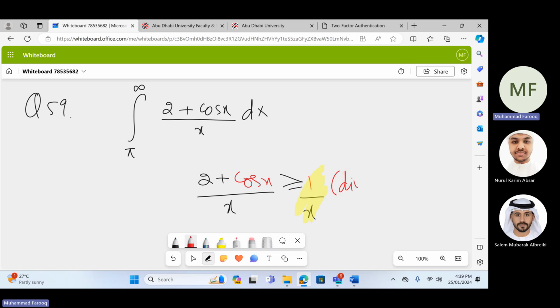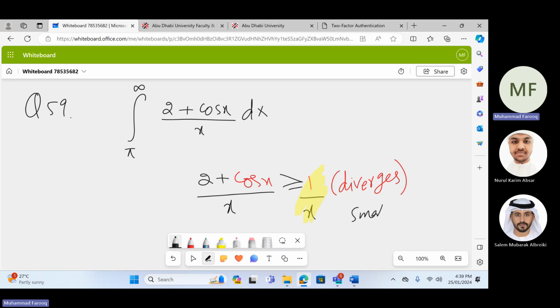This one is A and this one is B. Look at it: this is divergence, and 1 by x is big or small? Small. It is less, so the smaller one is divergent, and so the inequality comparison applies.